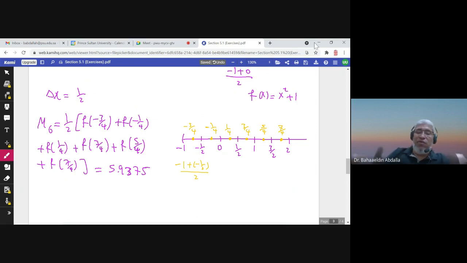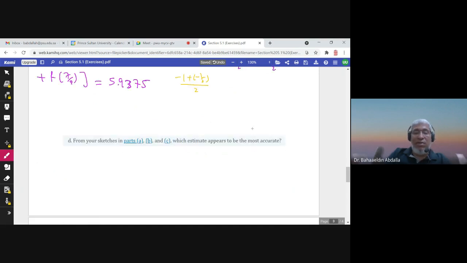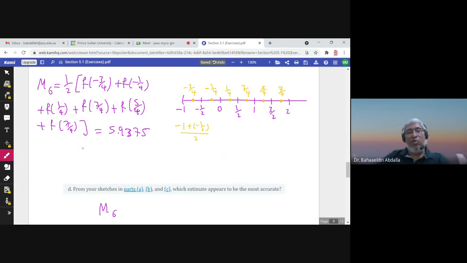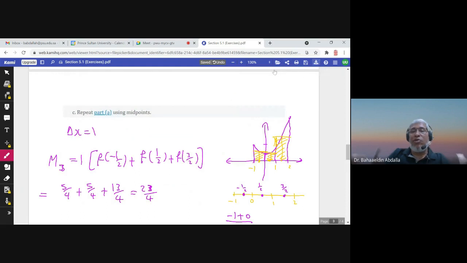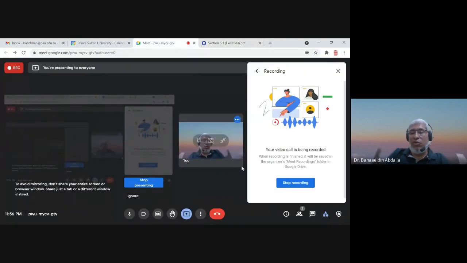That's the end of the section. And the best estimate, he may ask which estimate appears to be the most accurate. I believe that M6 would be the most accurate to this area. Thank you very much, and see you in another video.